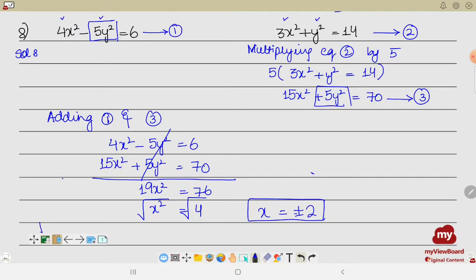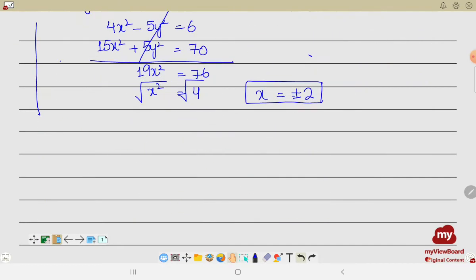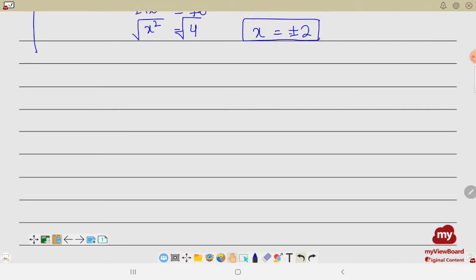For having the value of y, we are going to insert this value of x. So for x is equal to plus minus 2, let's put it in any of the given equations which you see is easy for you. Let's insert in 1. So what was the first equation?